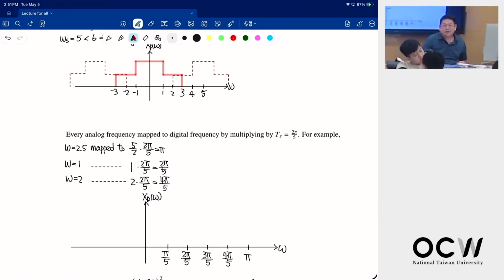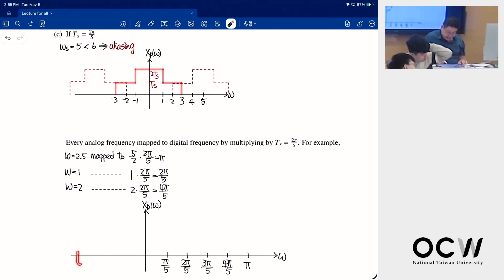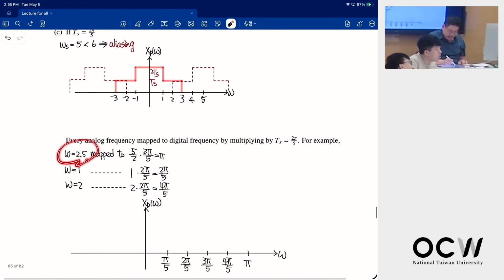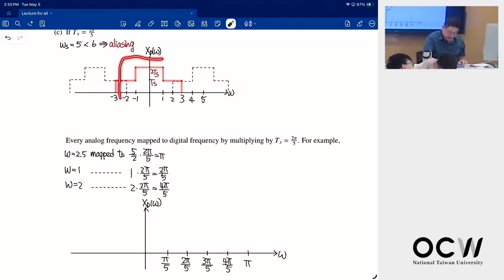Your turn. Please plot it on the screen. I only need to plot from minus π to π, right? So from minus π to π, and we found that actually when omega is 2.5, it's π. Okay, so I only need to plot this one and match to here.